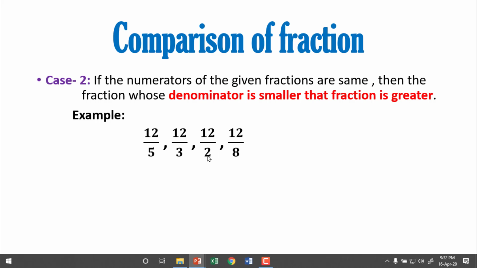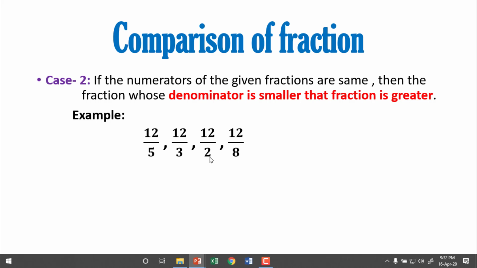That's why 12 by 2 will be the largest one. Remember this. So among these four fractions, 12 by 2 is the largest one, as 2 is the smallest value.